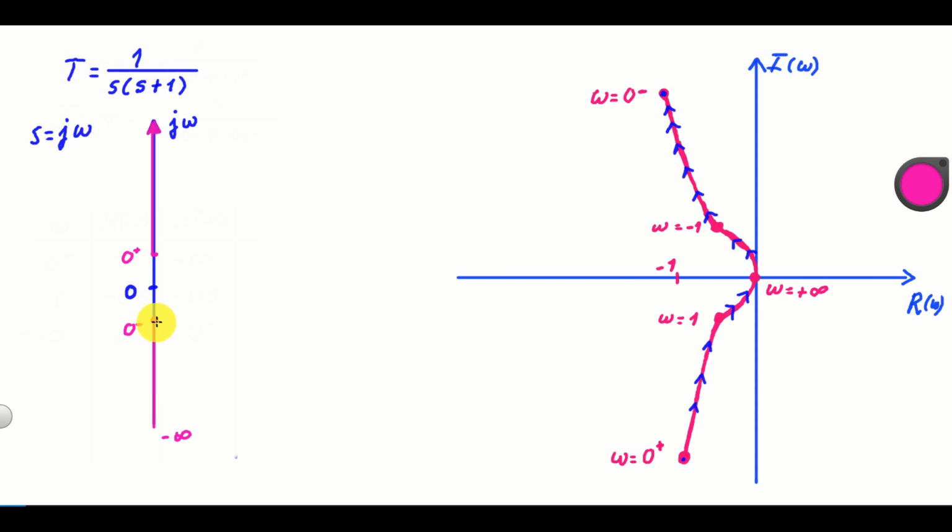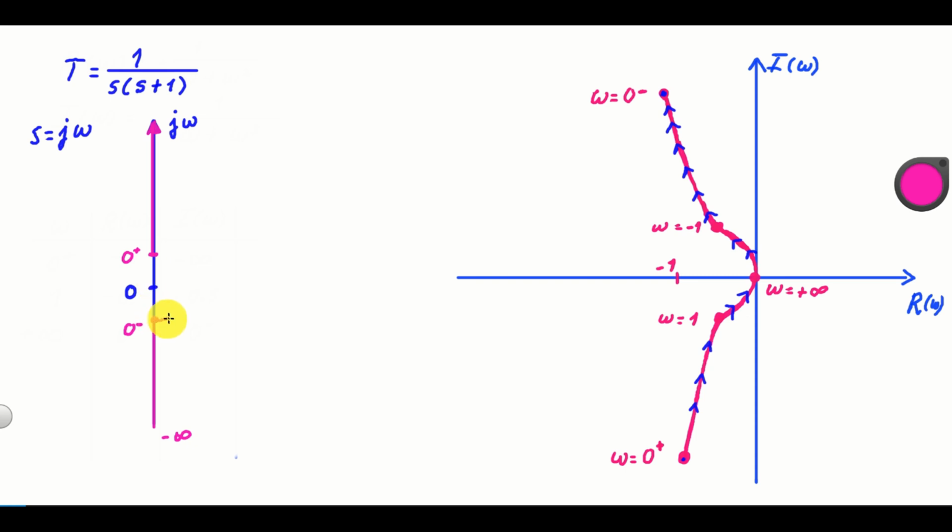And that's precisely what you can see over here. This branch, or this part of the original imaginary axis, is mapped over here, and this branch of the imaginary axis is mapped over here. Now, instead of going through 0 along the straight line on the imaginary axis, we are going to divert.